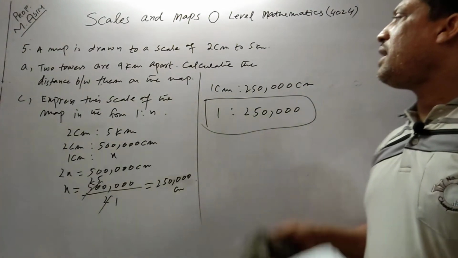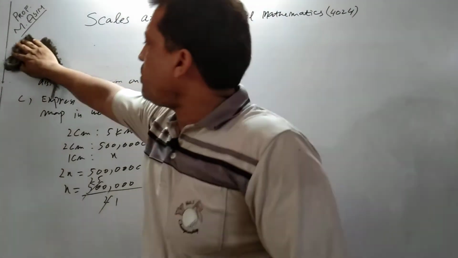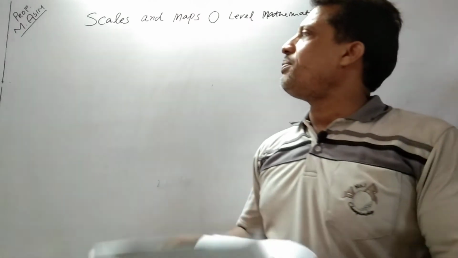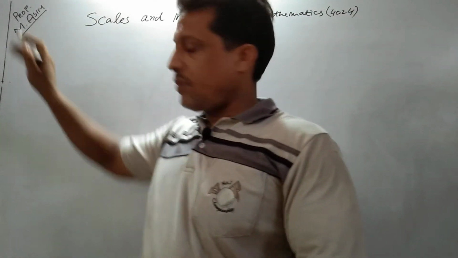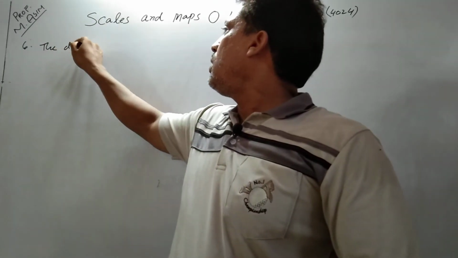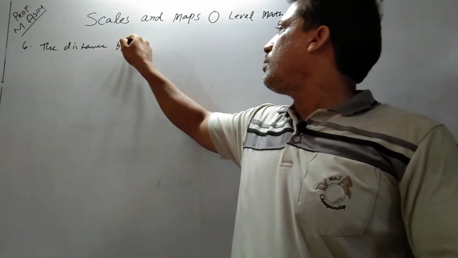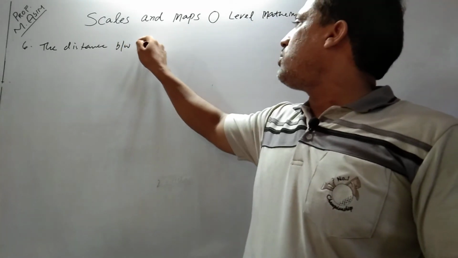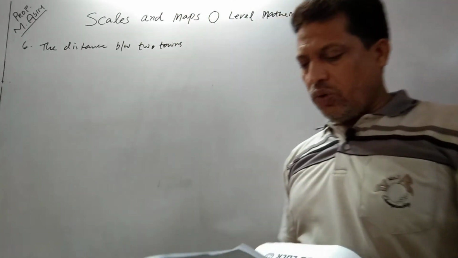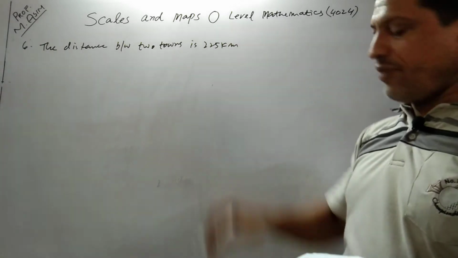Now, see question number 6. Question number 6: the distance between two towns is 225 kilometers.